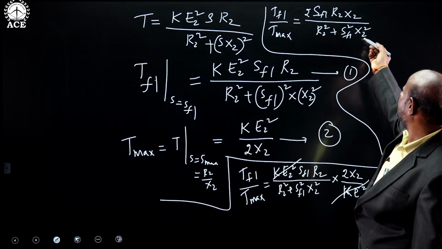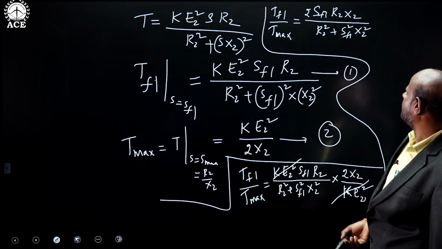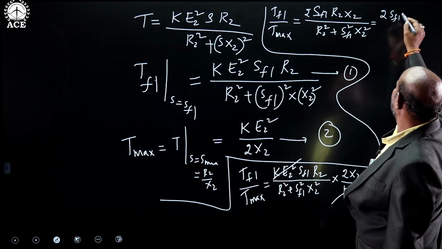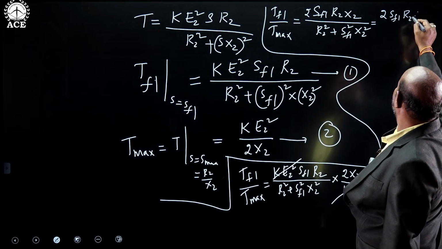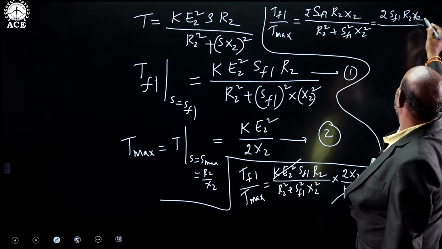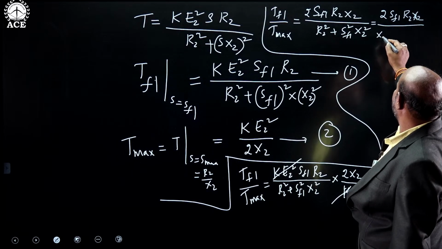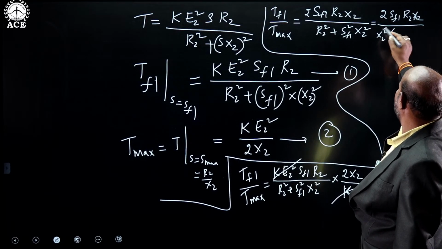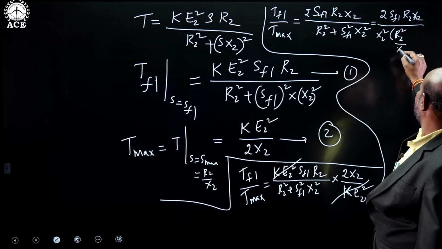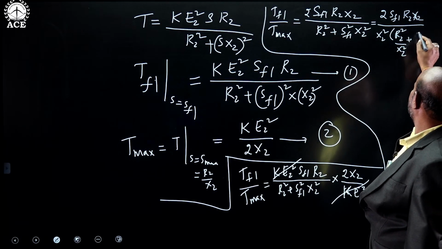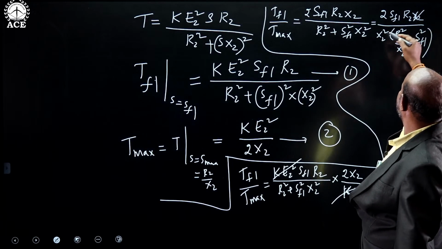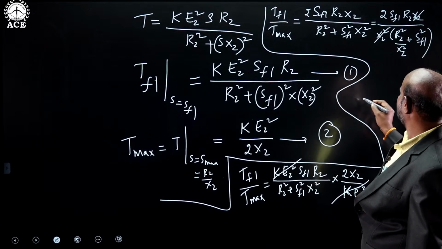Now in the denominator we can take X2 square common: X2 square times R2 square by X2 square plus SFL square. These two terms will get cancelled out.